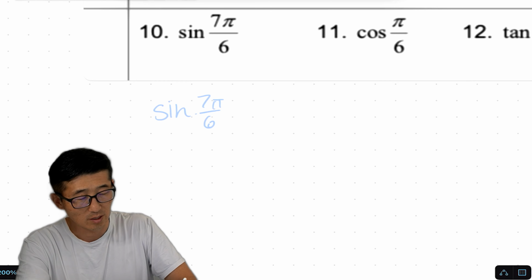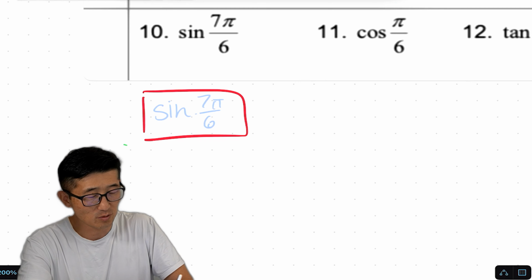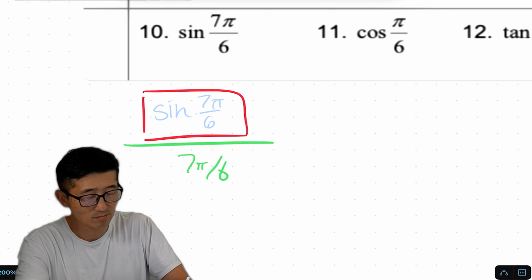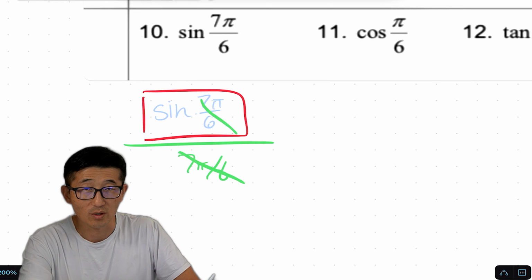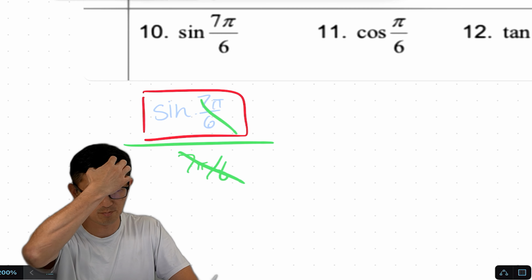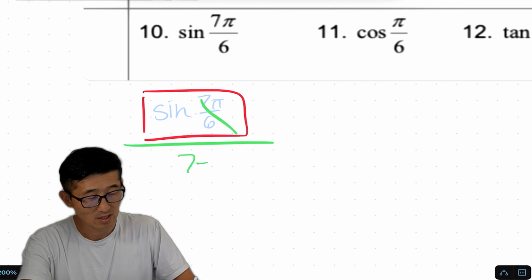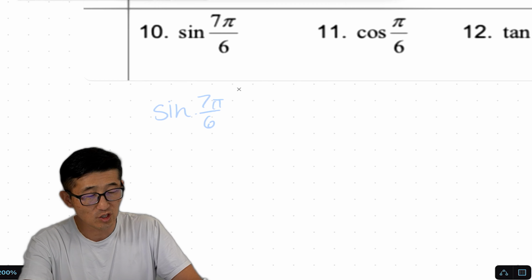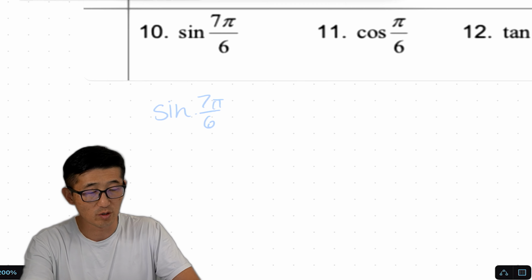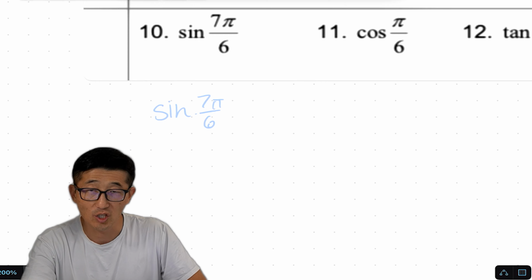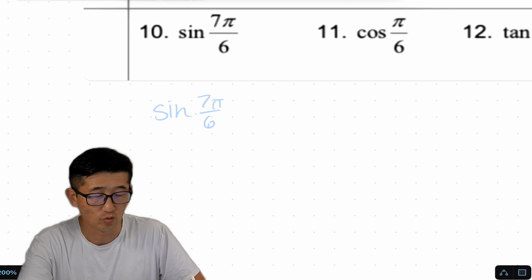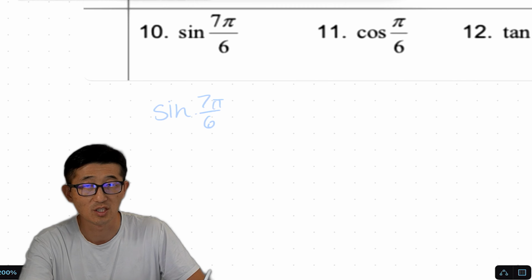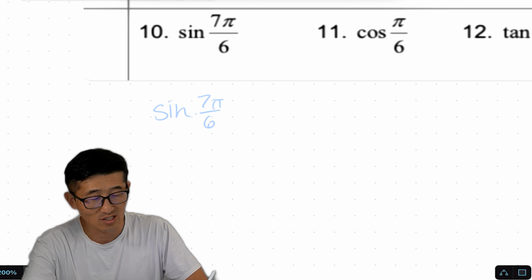For instance, can you divide this by 7 pi over 6 and go like this? No, it's like a brick. You cannot cut a brick in half. It's just one brick. Now, if you want to change that to degree mode, you can, but we don't want to. We want to stick to radian measures because it's actually much easier, okay?